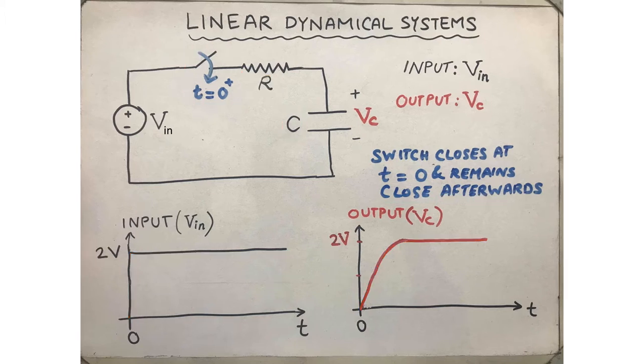Now for the same circuit, if the input voltage Vin is adjusted to a step input which remains steady at 2 volts, then it is easy to generalize and to say that the output voltage, the voltage across the capacitor, will also try to approach the value 2V steadily as before.